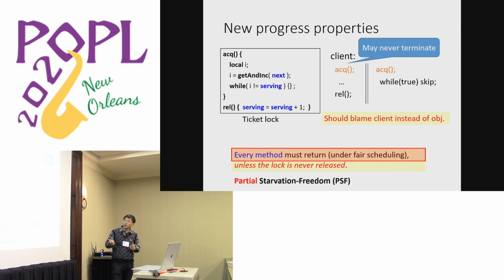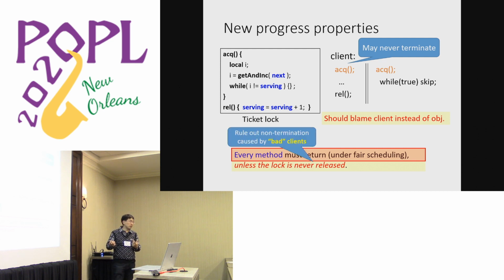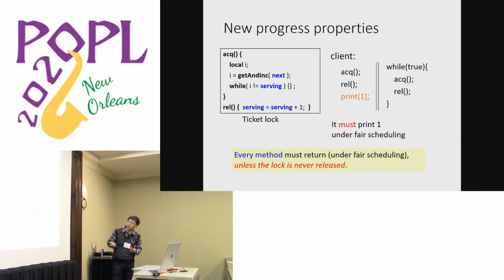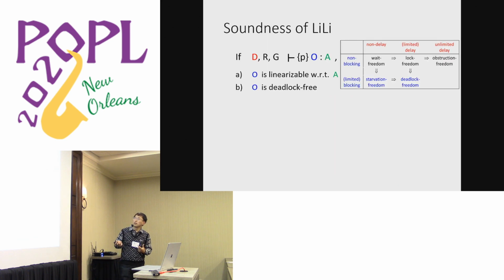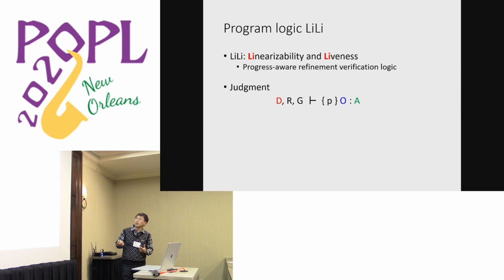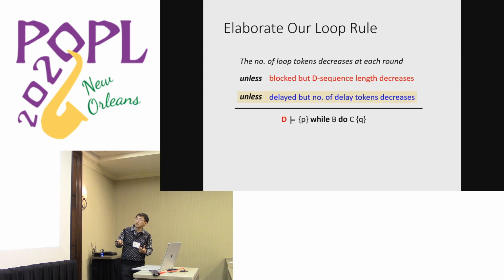And to answer your first question, we don't intend to make it complete. You could view this set of rules as just a set of common patterns, which we may use to verify these different progress properties.